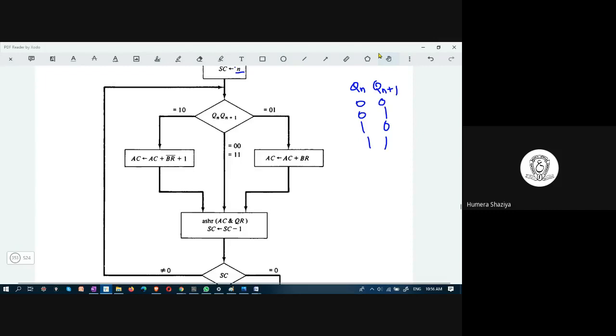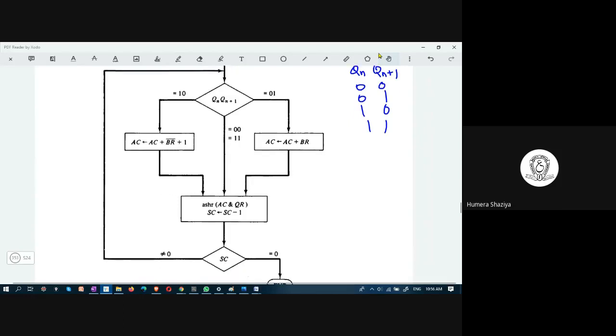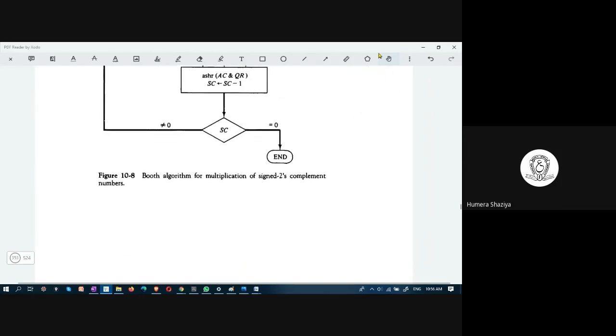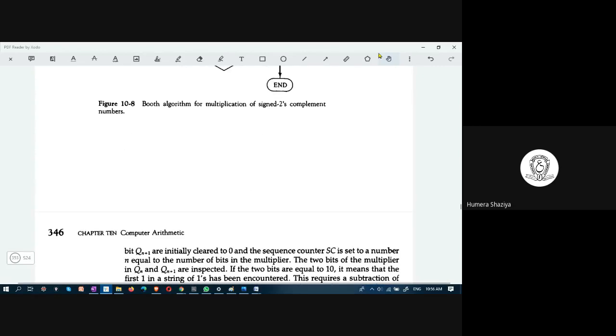BR bar means 1's complement, plus 1 means 2's complement. So this part is 2's complement. AC is accumulator. Either you perform subtraction or addition or only shift and decrement depending on these position values. And finally, when the sequence counter turns out to be 0, the process ends.